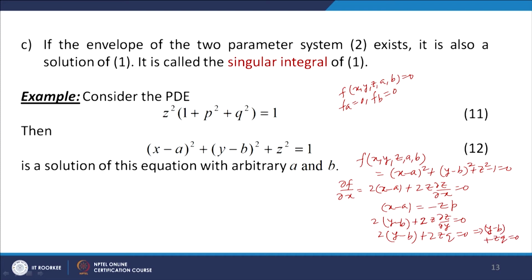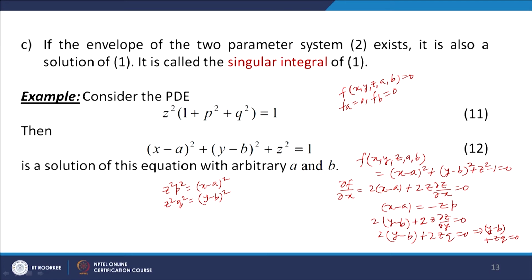Okay. So, what we have is z square p square equal to x minus a whole square, and z square q square equal to y minus b whole square. And we have the equation x minus a whole square plus y minus b whole square plus z square minus 1 equal to 0.